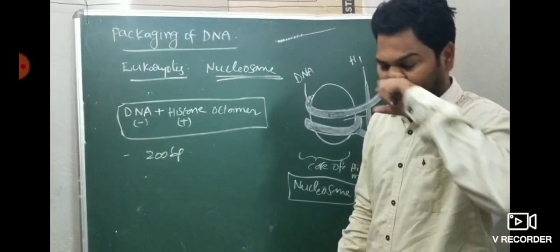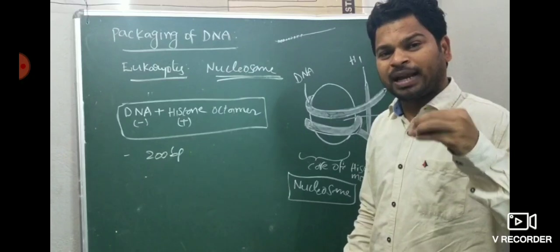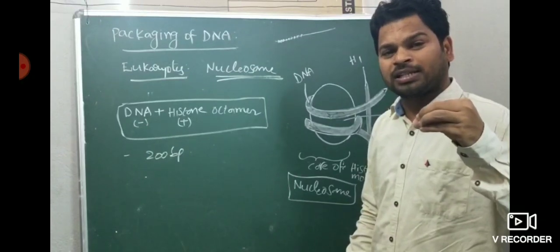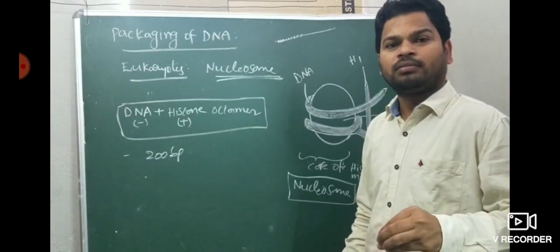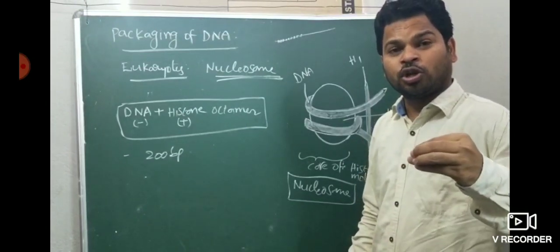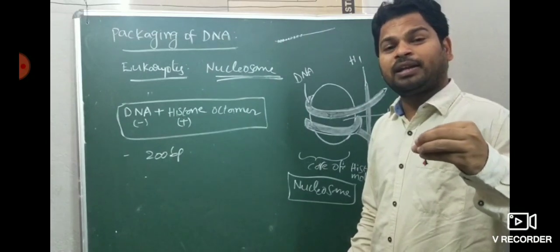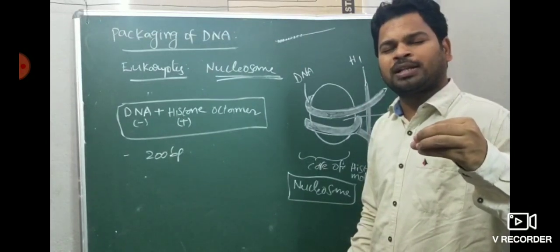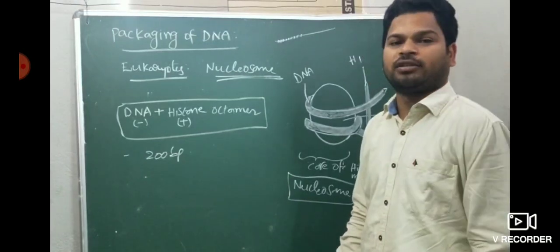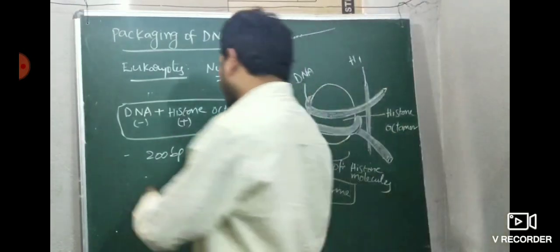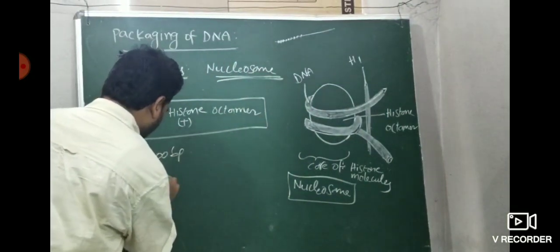Nucleosomes are repeating structures in the nucleus, and together they form chromatin. What is chromatin?